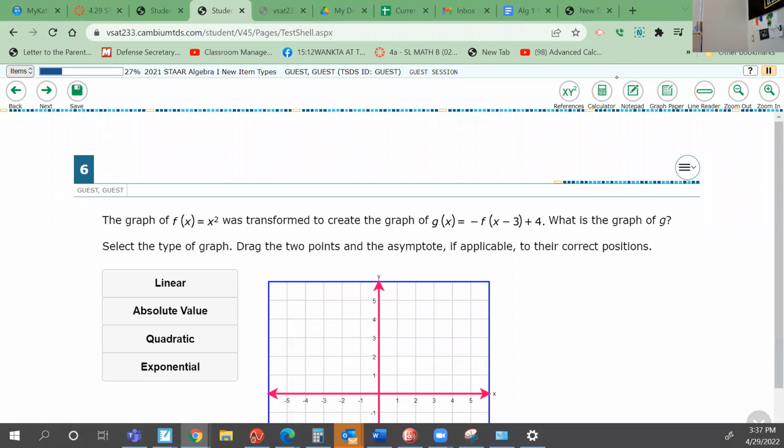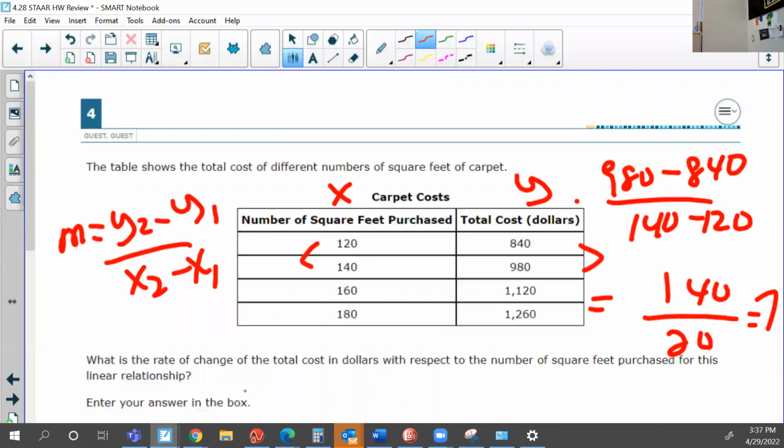Okay, so we're back to number 6 now. You've got to figure out again if it's a quadratic, exponential, or linear. Let me go back to the slides real quick.